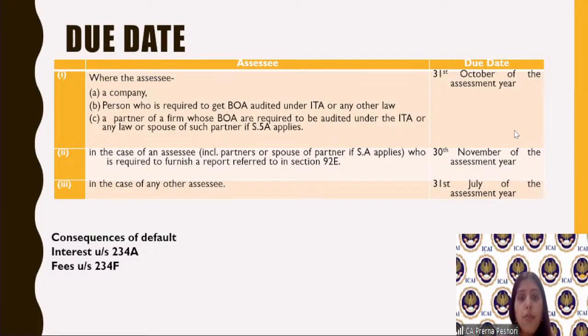Now if you have not filed the return of income within the time limit, then you have to file a belated return, right? Now, by when can a belated return be filed?